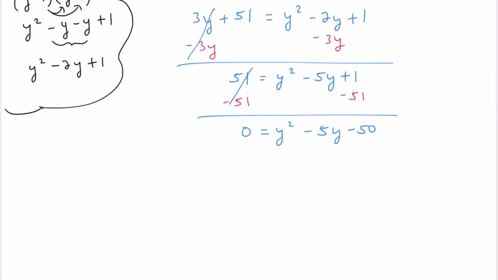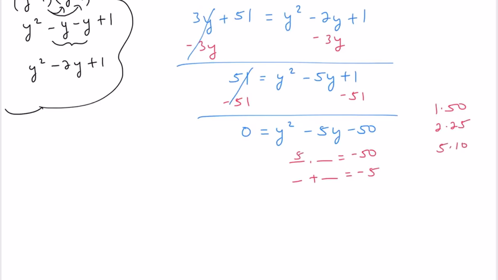We need to factor y squared minus 5y minus 50. So here the number in front of the y squared is 1. So we need two numbers that multiply to give us the last number, negative 50, but when we add, we get the middle number, negative 5. So 50, we have 1 times 50, 2 times 25, and 5 times 10.